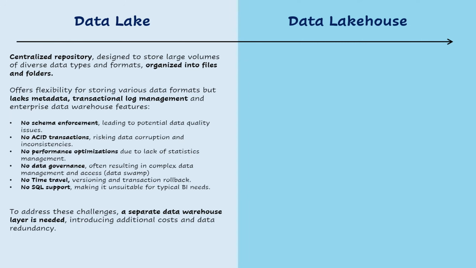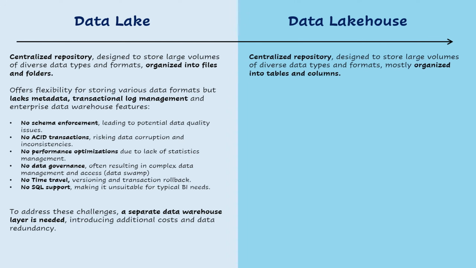On the other hand, a data lakehouse is also a centralized repository, like AWS S3, Google Cloud Storage, or Azure Storage, designed to store large volumes of diverse data types and formats. However, datasets are mostly organized into tables and columns. For example, a JSON file can be stored as a string column, and images or videos can be stored as binary columns within the table.